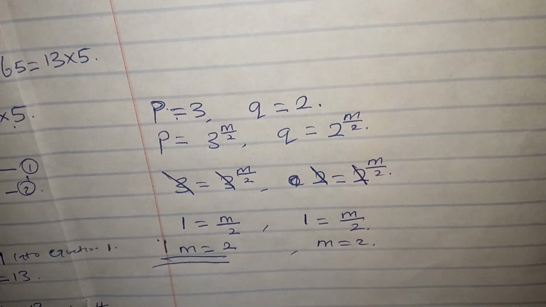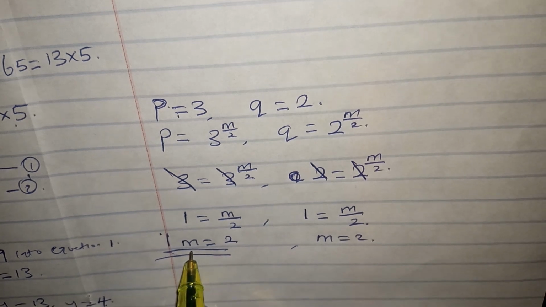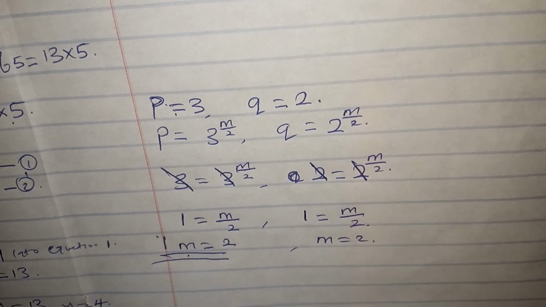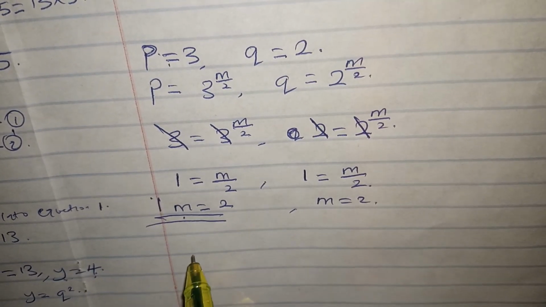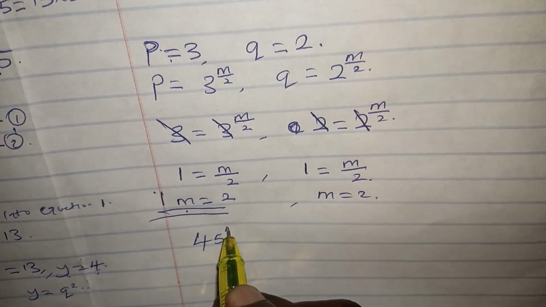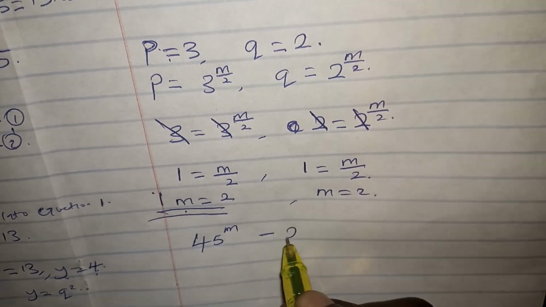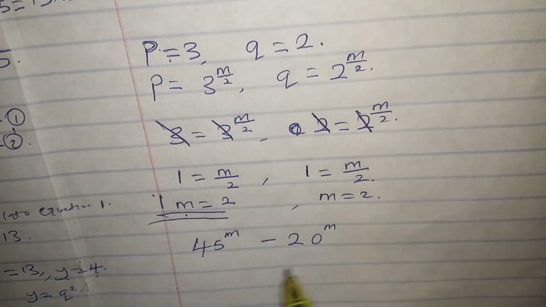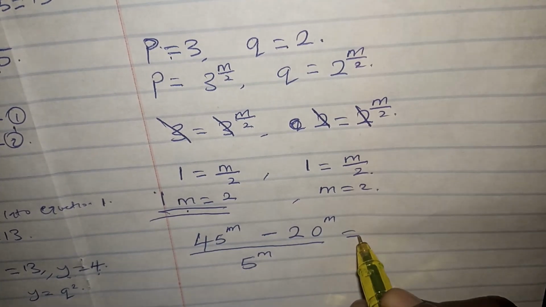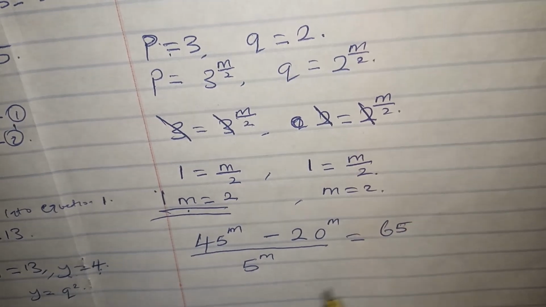So let's substitute m into our question to see if it is going to give us 65. So let's do that. Recall we said the question is 45 to the power of m minus 20 to the power of m, over 5 to the power of m, is equal to 65.